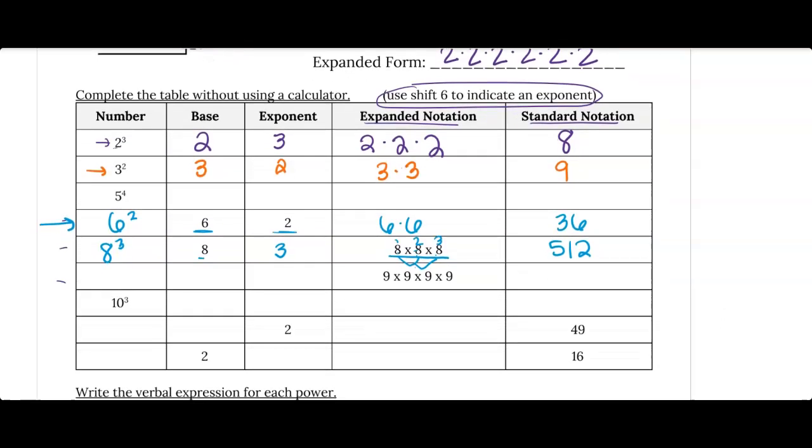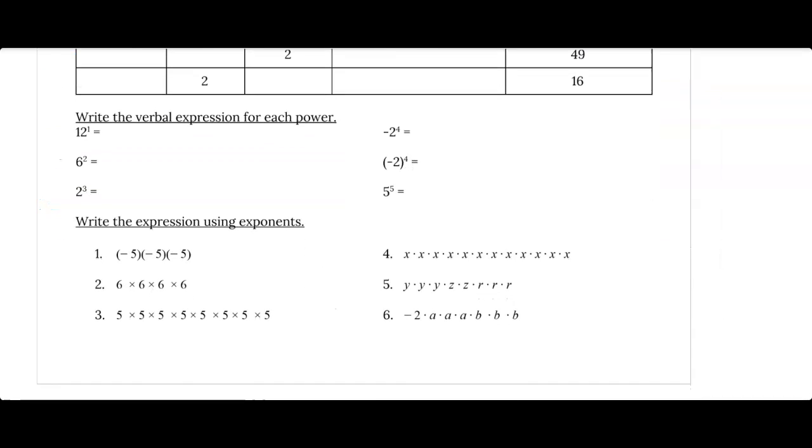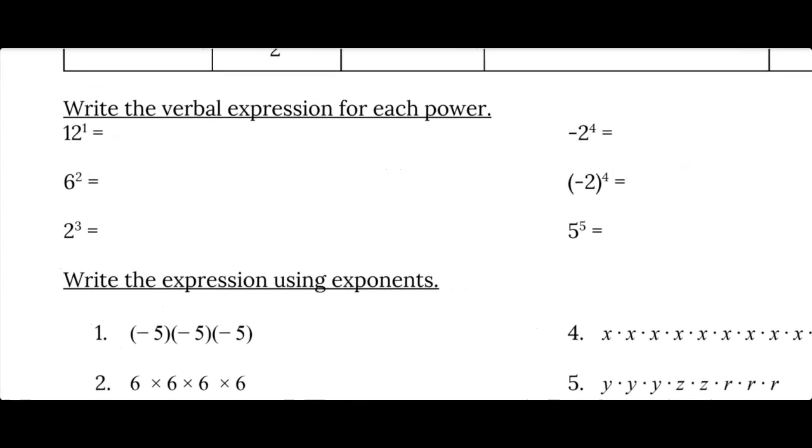The rest of this table is going to become your practice. Write the verbal expression for each power. So what you're going to do is write these out in words. So this first one, you're going to write it as you should read it.